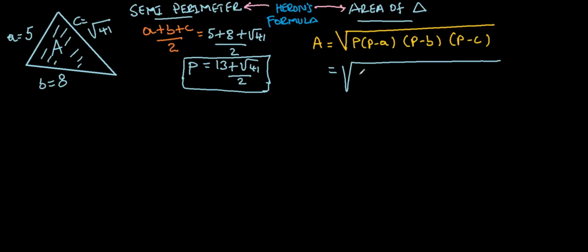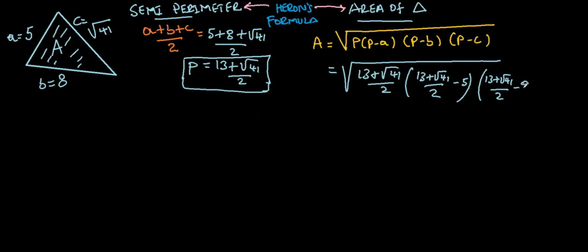So P is here (13 plus the square root of 41) over 2, times (13 plus the square root of 41) over 2 minus 5, times (13 plus the square root of 41) over 2 minus 8, times (13 plus the square root of 41) over 2 minus the square root of 41. So this is the first thing.